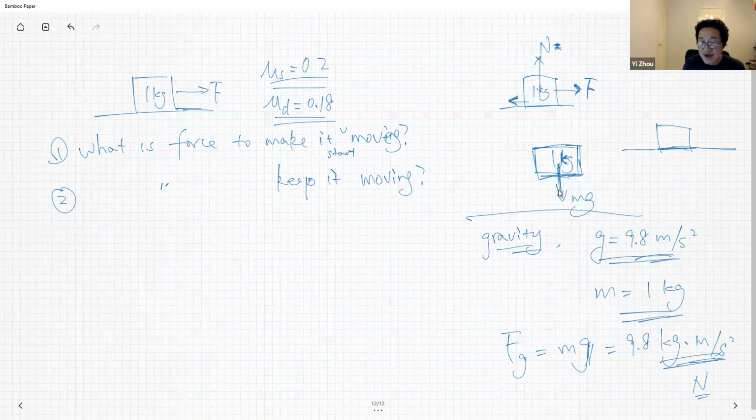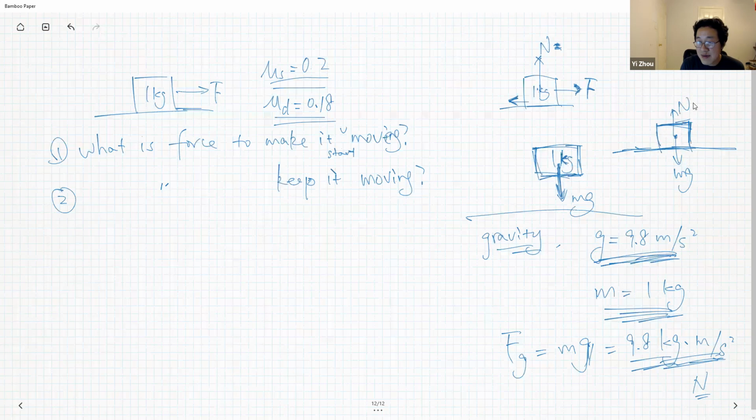A free fall, because this box has the acceleration of 9.8, so we know there's a force acting on it. But if this box is not dropping on the surface of the Earth, then it still has this gravitational force acting on it. But what is the other force that balances this gravitational force? A normal force. That's a normal force, right?